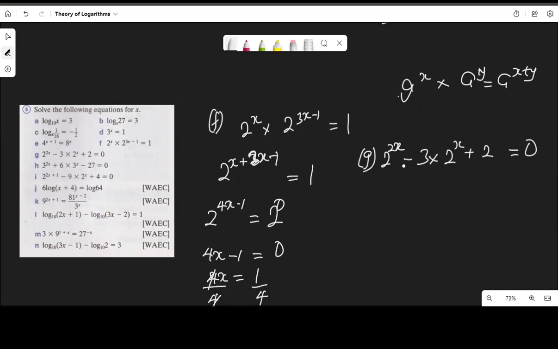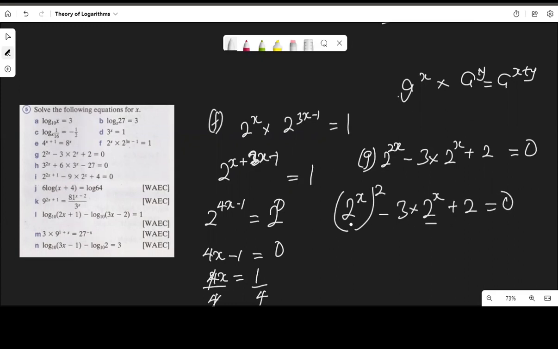Before we do anything, let me adjust this first term so that I have 2 to the power of x, because I have 2 to the power of x here. So this 2 to the power of 2x, I can write it as 2 to the power of x, all to the power of 2, and minus 3 times 2 to the power of x plus 2 equal to 0.